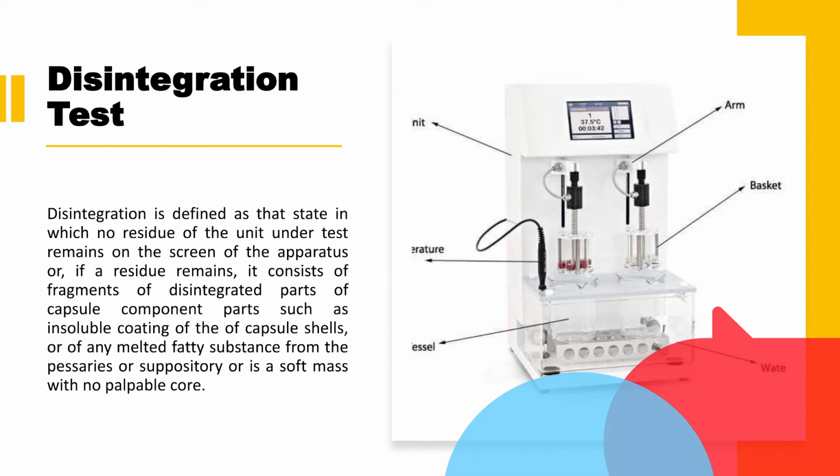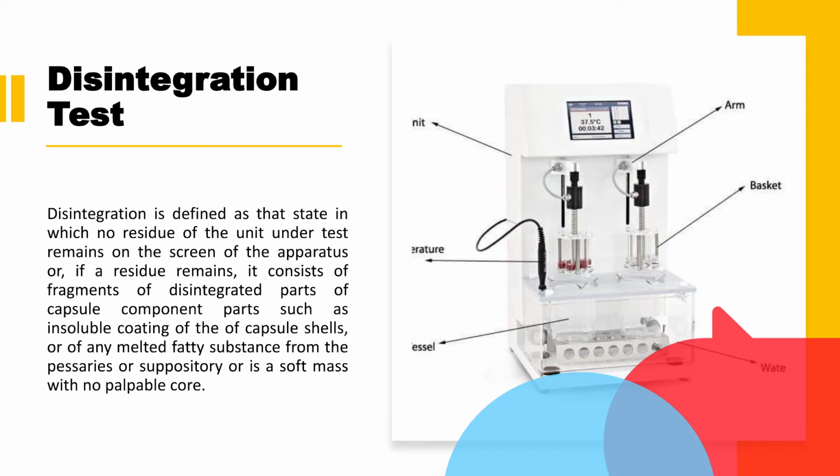Disintegration test is an in vitro test conducted to mimic how the tablet behaves inside the body. When we take the tablet, it reaches the stomach, where it gets disintegrated into granules, or solubilized into smaller particles which are then absorbed. The same sort of simulation is performed in vitro.